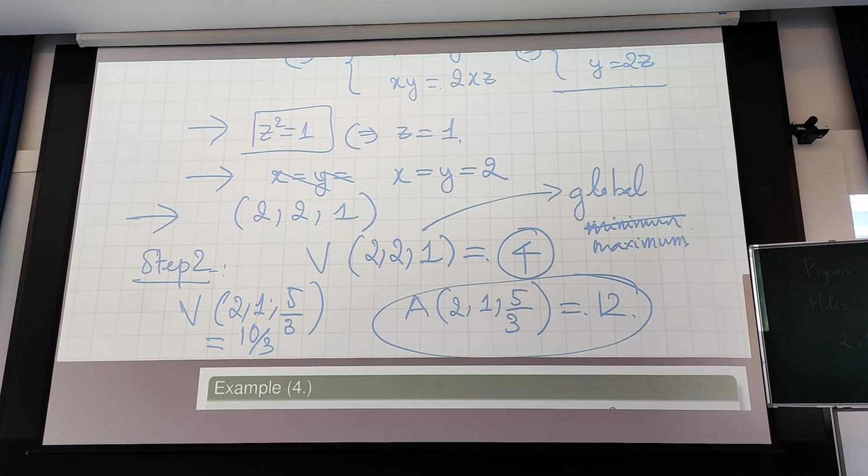Okay. We know from the first step that it is a global maximum or global minimum. And if we want to conclude in the second step, we need to compare it with a value of f. Right?